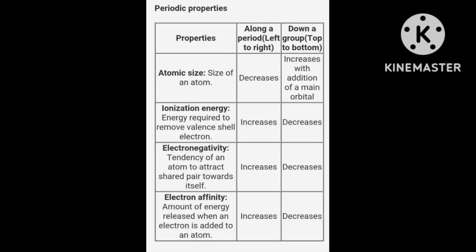That's why when you use any atomic absorption spectrophotometer or flame photometer, you have to fix the suitable wavelength, because fixing the wavelength means you are supplying the suitable energy, heat, required to remove the electron.